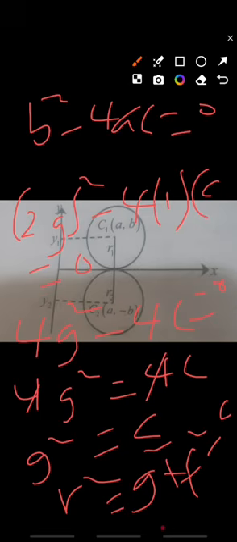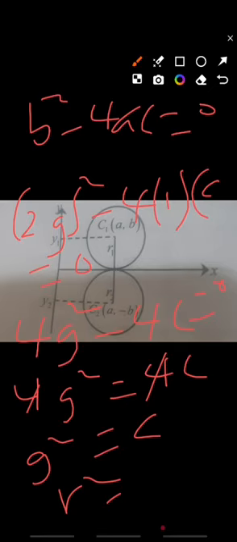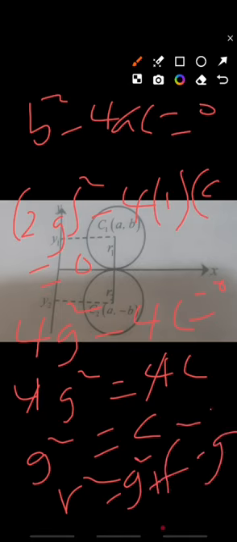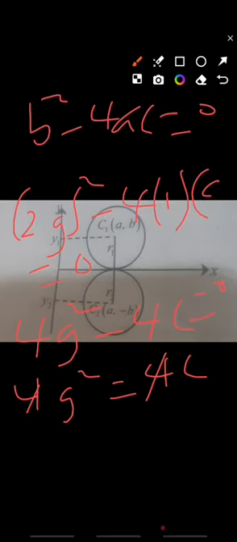Since we've established that g squared is equal to c, we can substitute g squared for c, and the equation for the radius becomes g squared plus f squared minus g squared. So g squared and g squared cancel, and our final equation becomes r squared is equal to f squared.